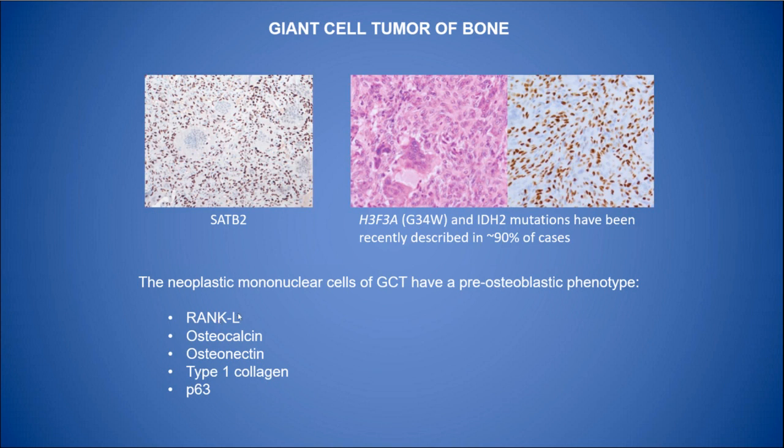So by an excess production of this ligand is how all these multinucleated giant cells develop, and they're terminal. They're not going to divide or multiply. So they're reactive as a consequence of the excess production of RANK ligand by the tumor cells.